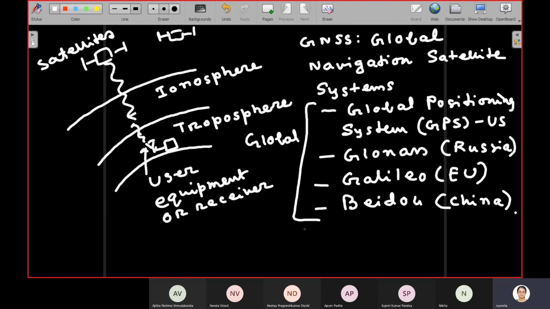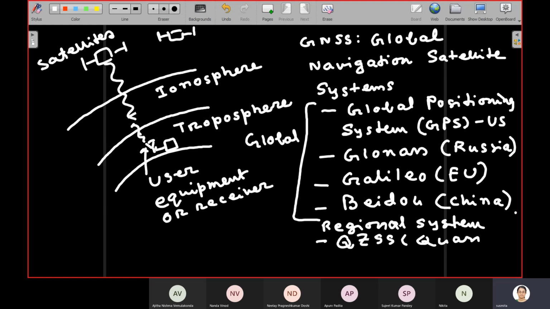Then there are regional systems as well. QZSS stands for Quasi-Zenith Satellite System.